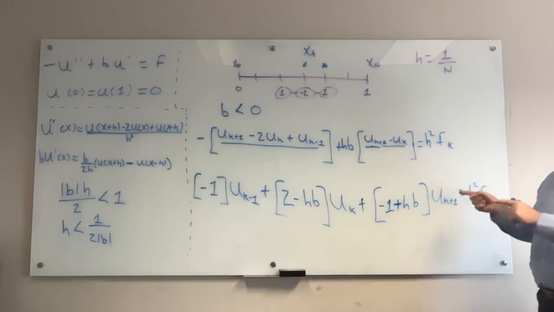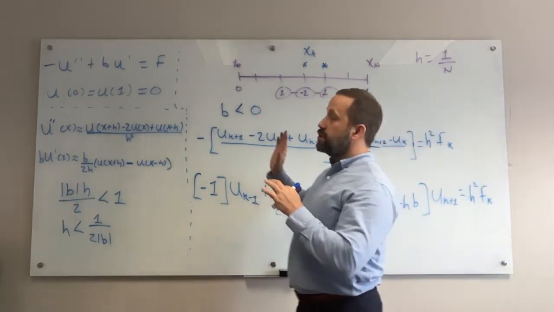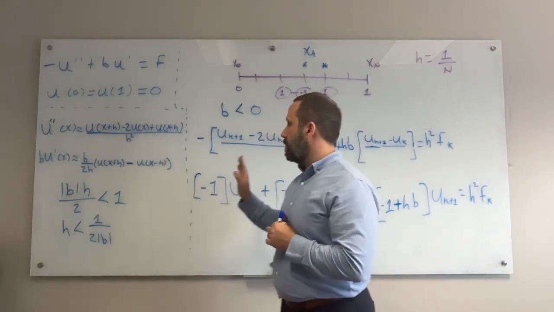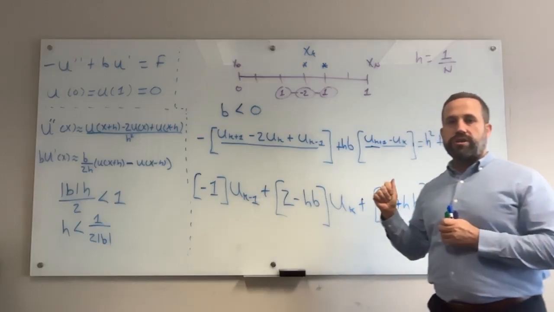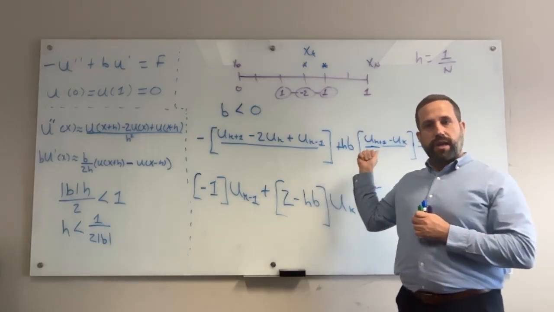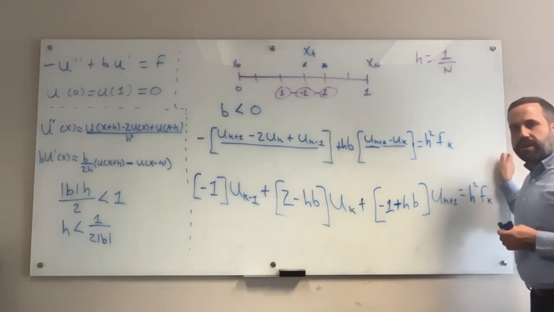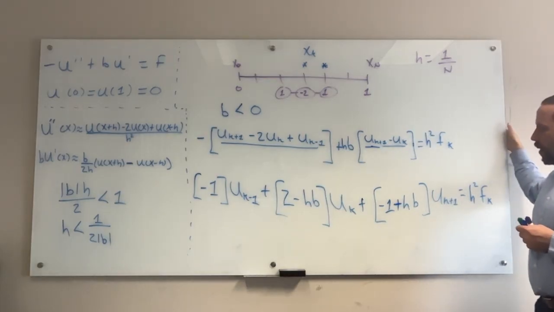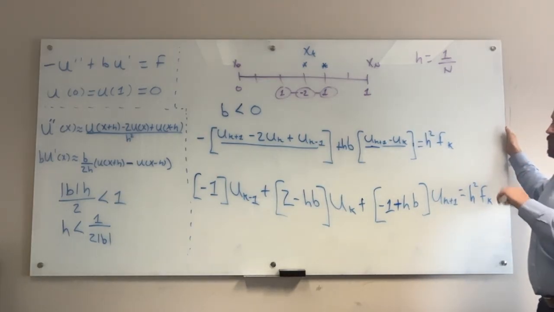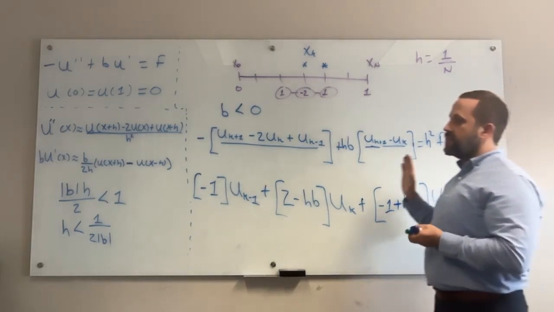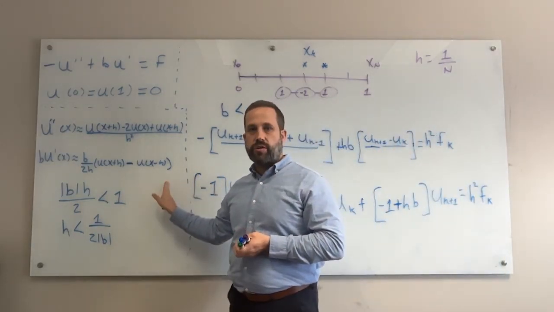Okay, so this gives us a way, if b is positive, we can use the scheme that we had before, which is called an upwind scheme, or this one, which I guess you could call a downwind scheme, but I've never actually heard anybody call that, I don't think. Anyways, if b is positive or b is negative, we can use a different scheme to do this approximation right here.